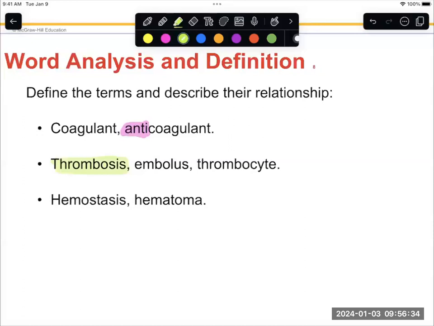A thrombocyte is another name for platelet. Hemostasis is the control or stopping of bleeding. Hematoma is that collection of blood that has escaped from that vessel into that surrounding tissue.